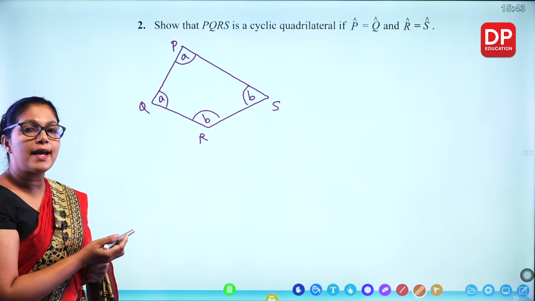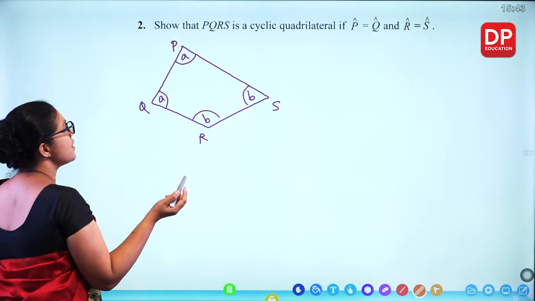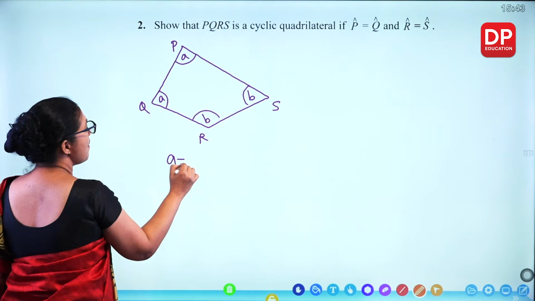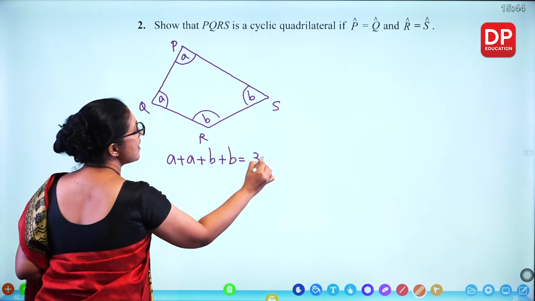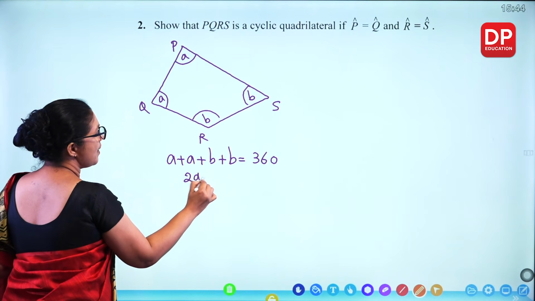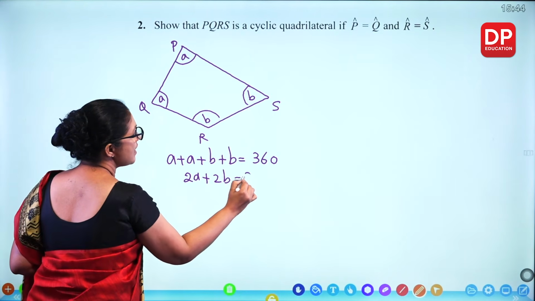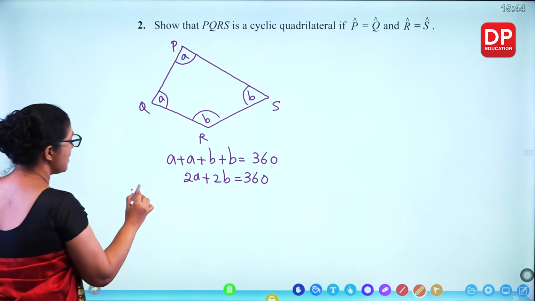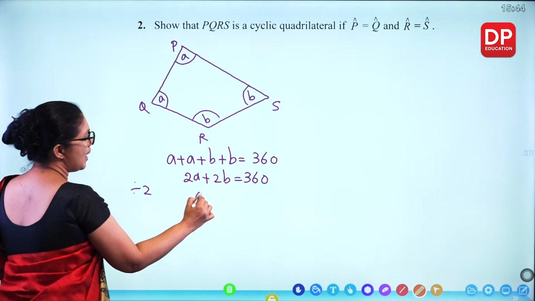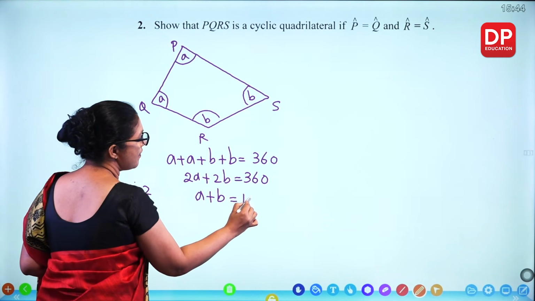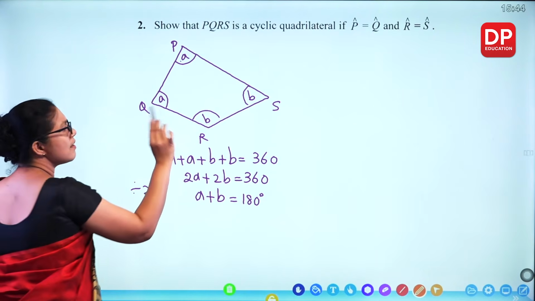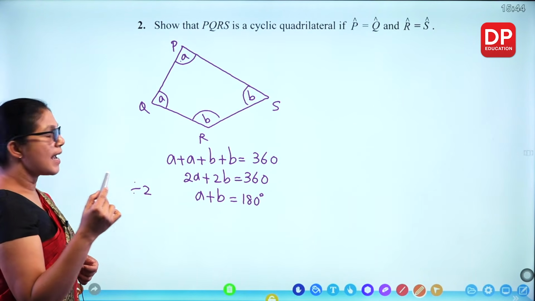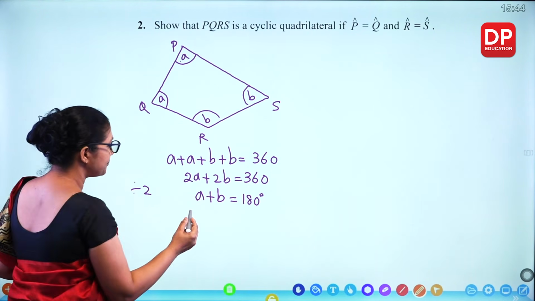What's the sum of angles in a quadrilateral? 360. A plus B is 360. 2A plus 2B equals 360. Divide everything by 2. A plus B equals 180. A plus B means opposite angles. So opposite angles are supplementary.